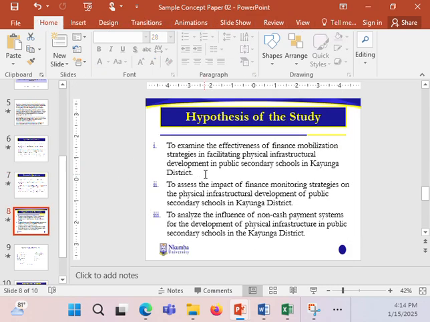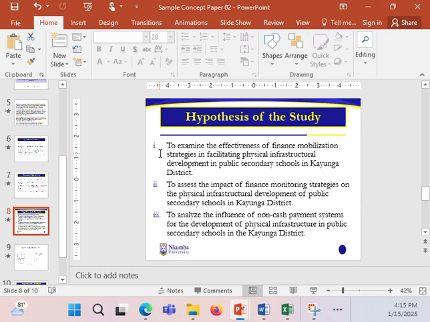Now, then we ask ourselves, what is a hypothesis? First, a hypothesis is a bias that a researcher has before conducting research.